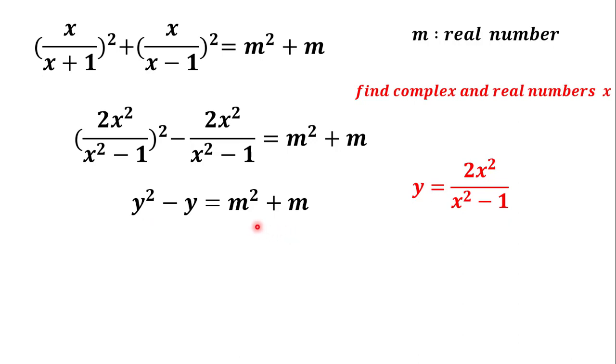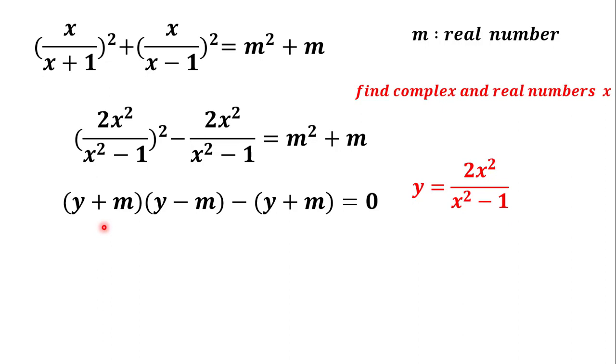We can move m squared plus m to the left hand side, and then we can put square terms together. Y squared minus m squared is going to be y plus m times y minus m, and we can factor out minus 1 from these two terms.